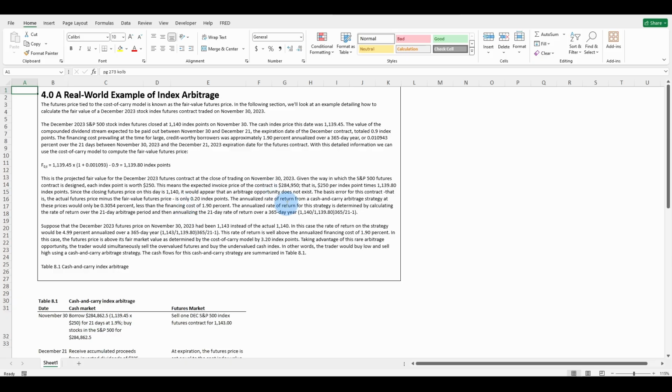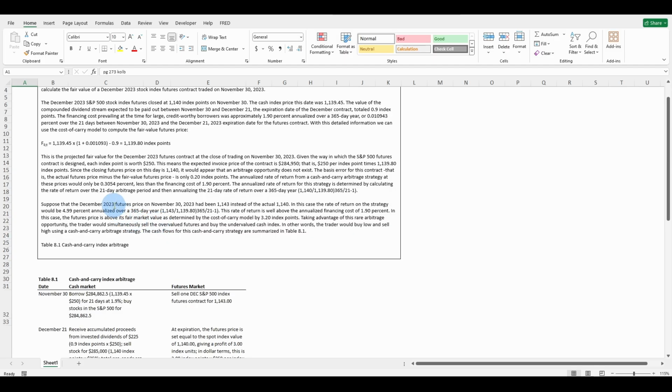The annualized rate of return for this strategy is determined by calculating the rate of return over the 21-day arbitrage period and then annualizing the 21-day rate of return over a 365-day year. 1140 divided by 1139 times 365 divided by 21 minus 1.